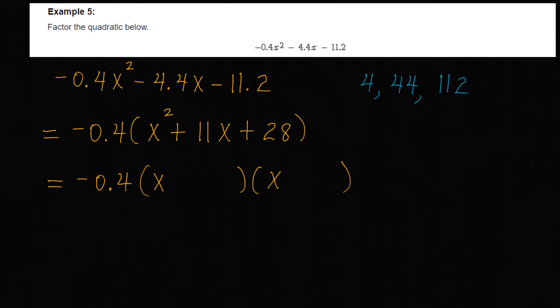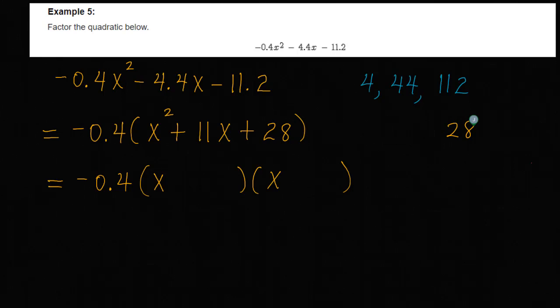And to obtain 28 as our last number here, and a coefficient of x equal to 11, let's find a combination of two numbers which, when multiplied, will be equal to 28, but if we add them, their sum will be equal to 11. So let's find those two numbers.